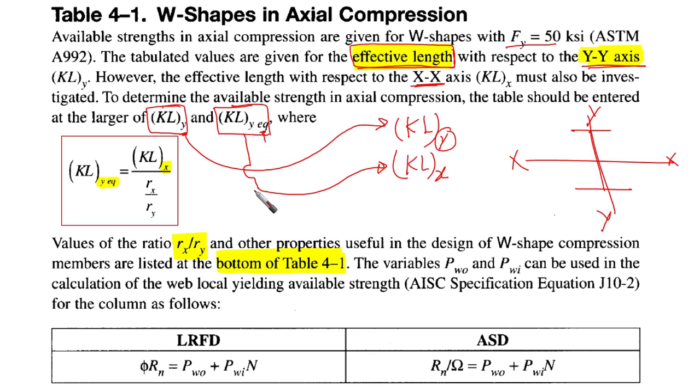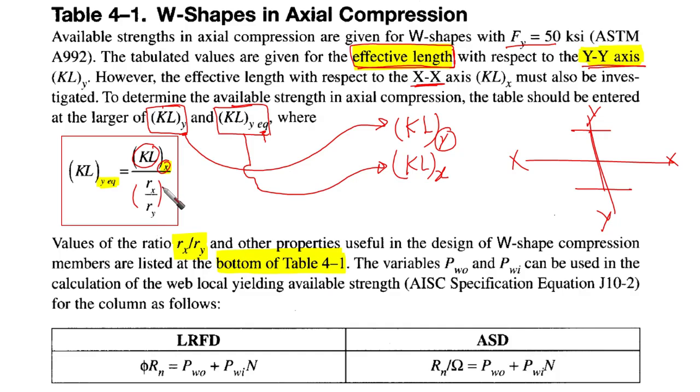This is how we are going to use the table. So how can we obtain this KLy equivalent? KLx, which we already have, is divided by the ratio Rx over Ry.